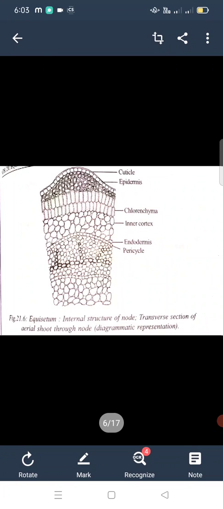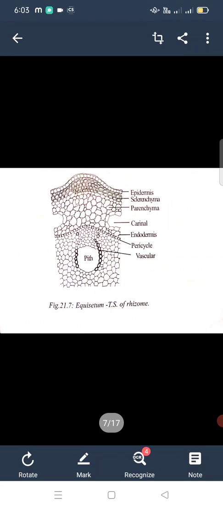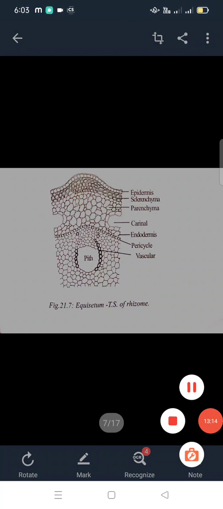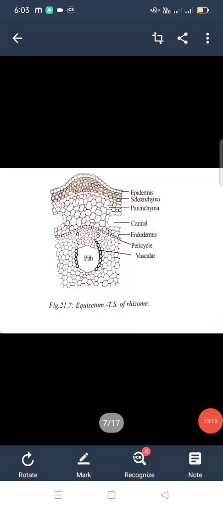Next, internal structure of rhizome. In the epidermis, stomata are absent, and chlorophyll cells are absent, and the other cells are similar to those of the aerial shoot. There is a single layer of epidermis, and the cortex is differentiated into outer cortex and inner cortex.